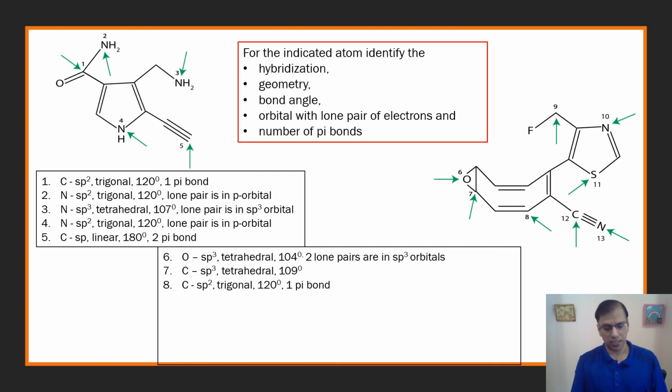Let's consider carbon atom 9. It has 2 hydrogens right here and a fluorine and a carbon attached, and so it's sp3 hybridized. It's tetrahedral. In case of nitrogen, there is a lone pair of electrons in nitrogen, and it's sp2 hybridized. It's trigonal planar. It has 1 pi bond.